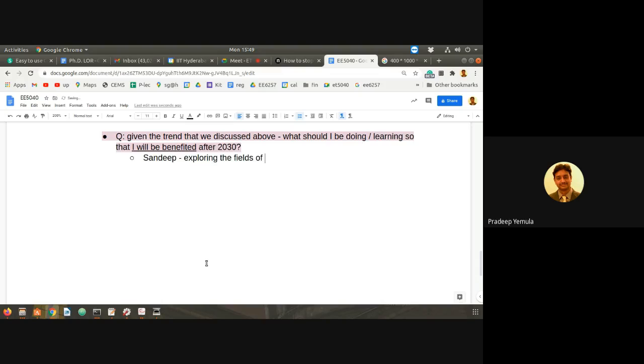Exploring the fields of networking and data storage, retrieval, etc. So Sandeep is suggesting one thing: take some time out, explore these fields, try to understand the trends, and then identify some technology to learn which will help in networking, data storage, or things like that. Yeah. So any other point?